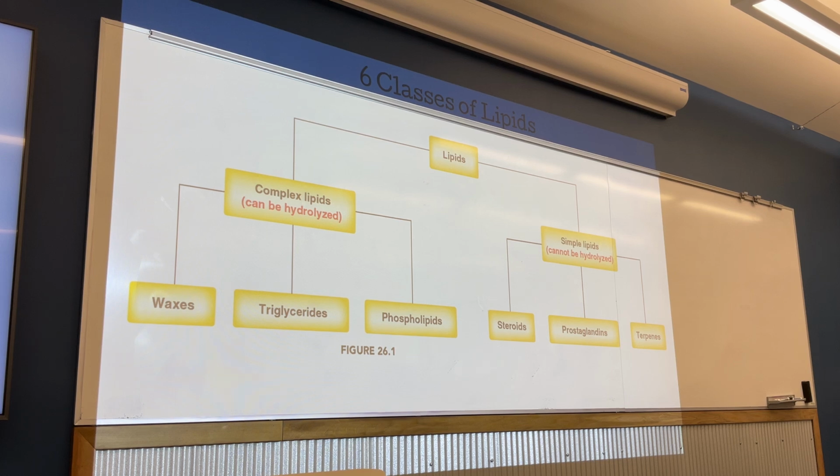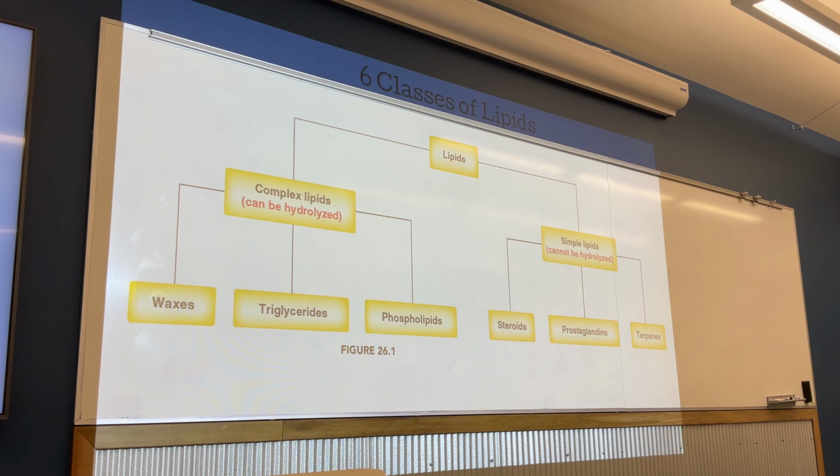The only difference is that instead of having 3 fatty acids, one of the fatty acids is removed and a phosphate group is put on there. So it just has 2 long fatty acids, long hydrocarbon chains.